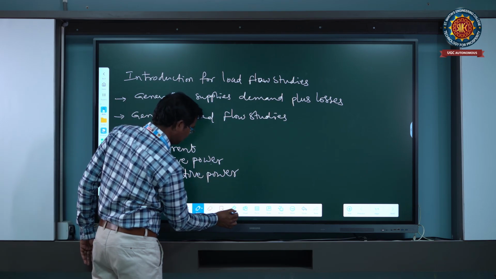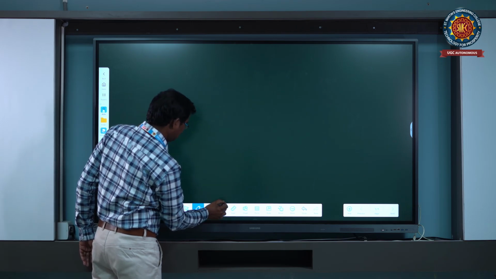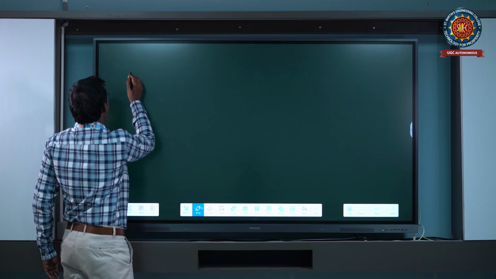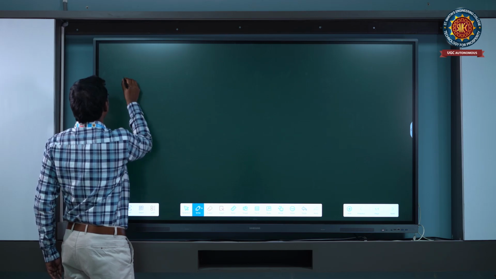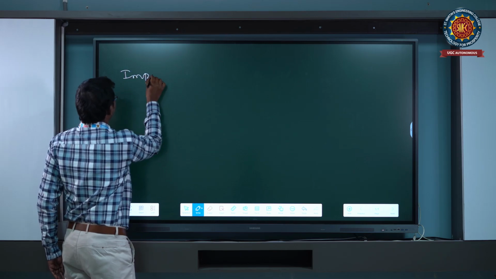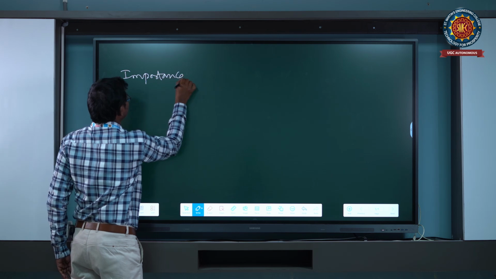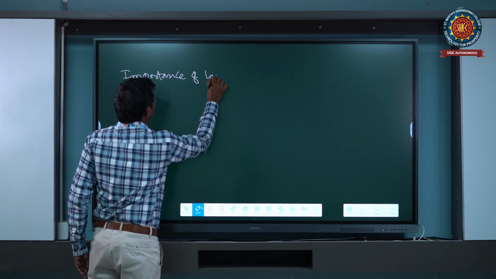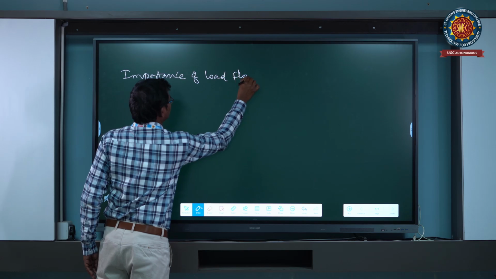Coming to the importance of load flow studies.